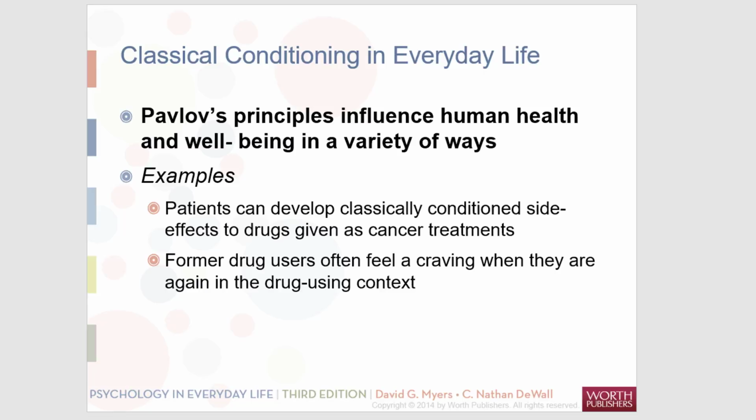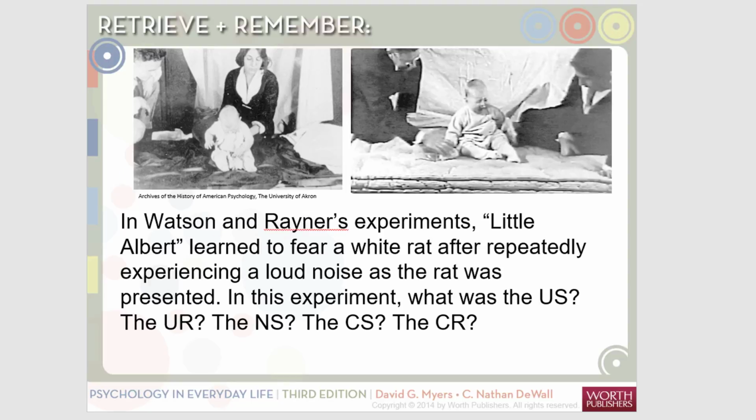Patients can develop side effects to drugs given to cancer patients. Read about little Albert. He learned to fear a white rat. He associated it with the white lab coat of the experimenter.